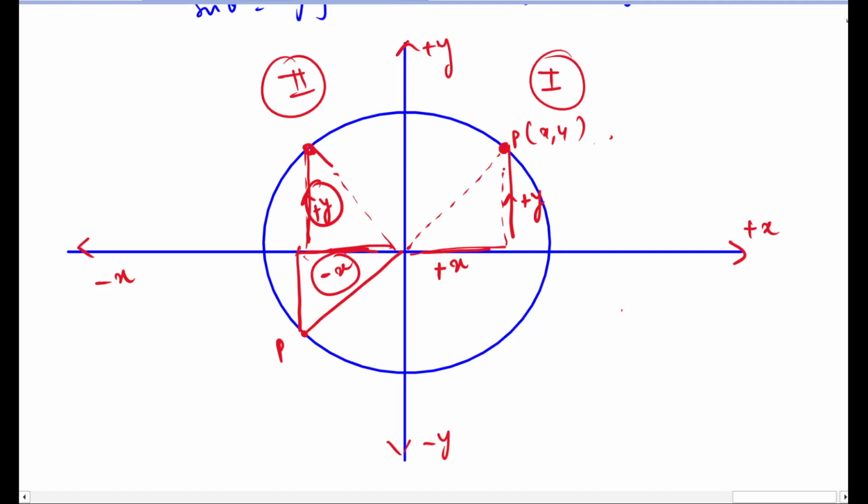So cos theta is minus x and this is minus y, so sine theta is negative. Now if we construct point P in the fourth quadrant, we get x positive and negative y. So sine theta is negative.